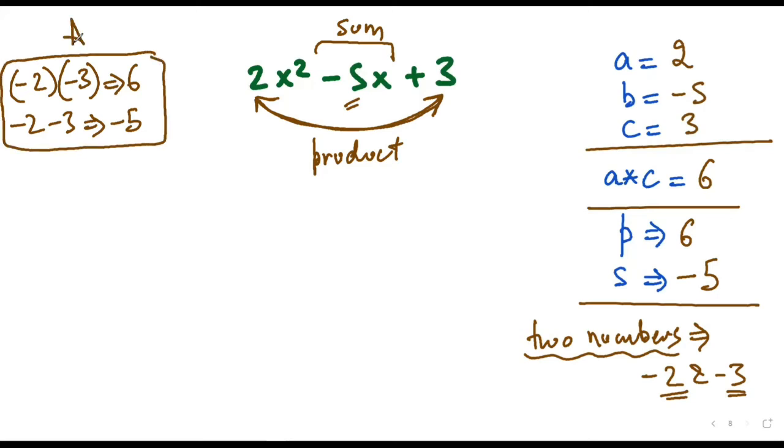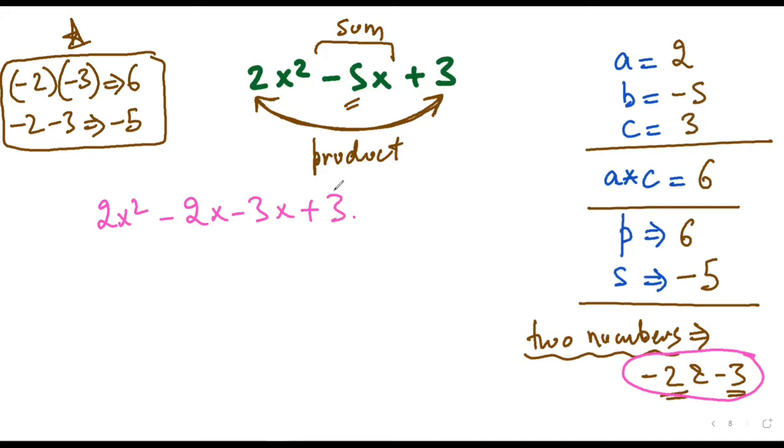Usually this becomes confusing for students who are learning this the first time. Once we have found the two numbers, then the things get easier, because then I will write this as minus 2x minus 3x plus 3. Mr. Sarthak, any doubt in there?